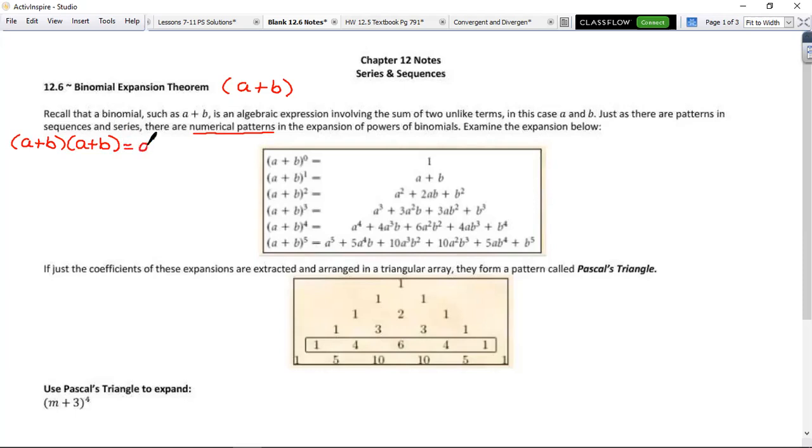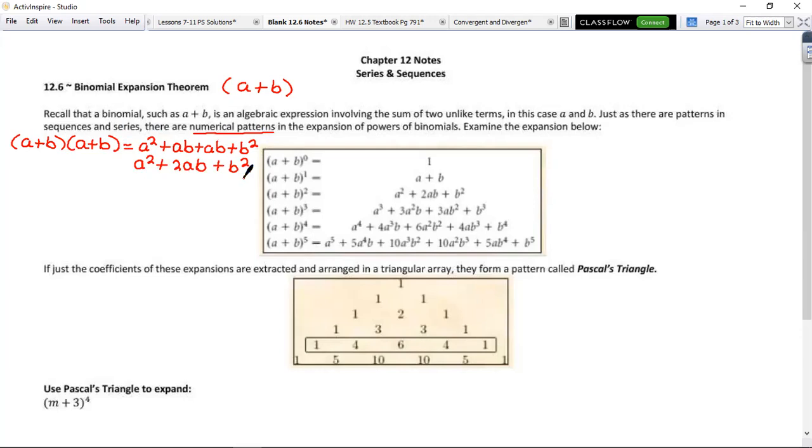So a times a is a squared plus a times b, write it alphabetically, a times b again, and plus b squared. So from the past, obviously, you know to combine these, and I get 2 copies of ab plus b squared. Okay, so that's just your binomial squared.